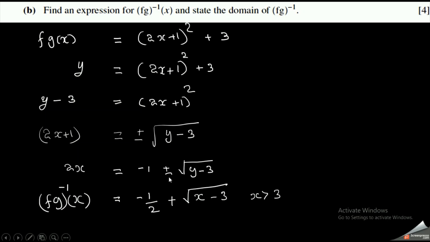Now here there is plus and minus, but here there is only plus. Why did we take only plus instead of minus, right? Now the domain of the f function is greater than minus half. Therefore we take the positive side. Okay.